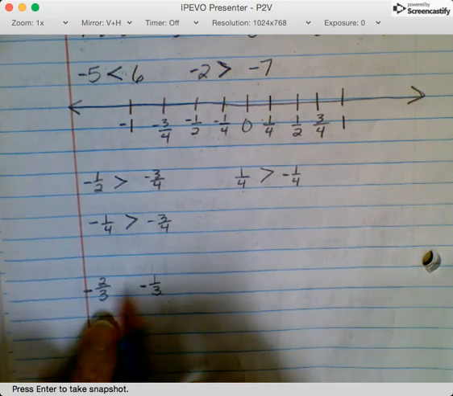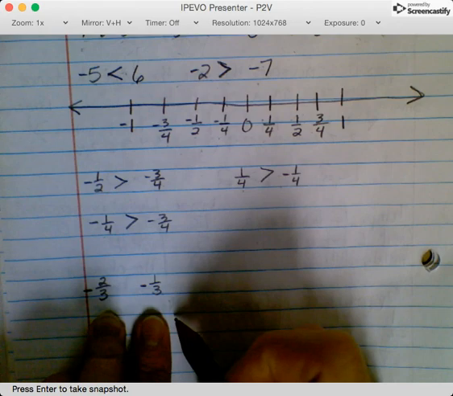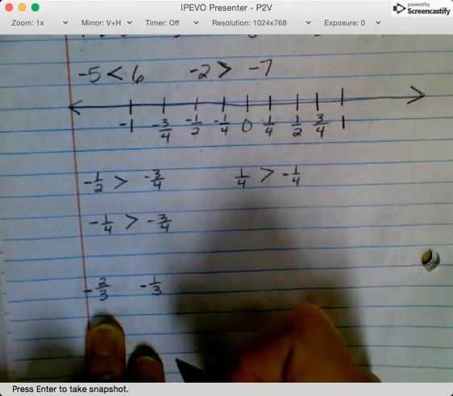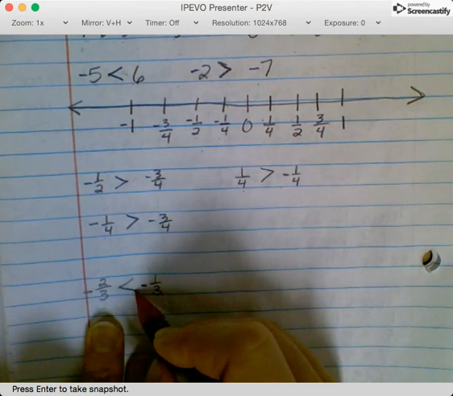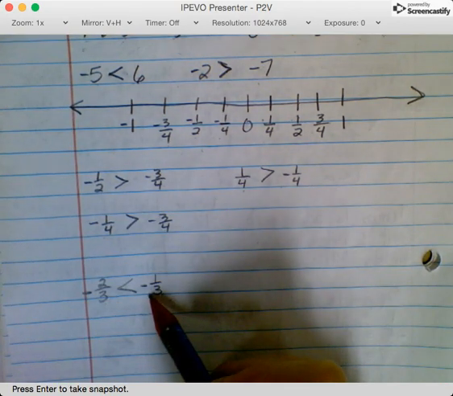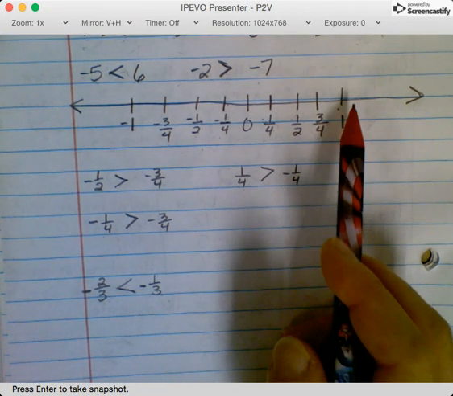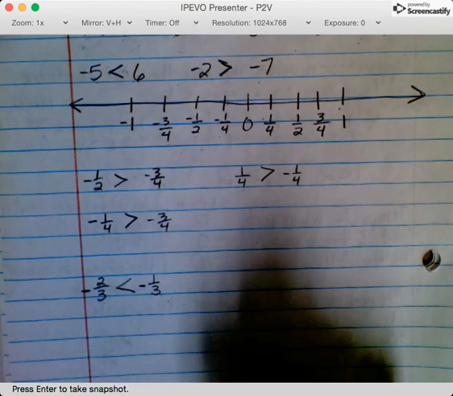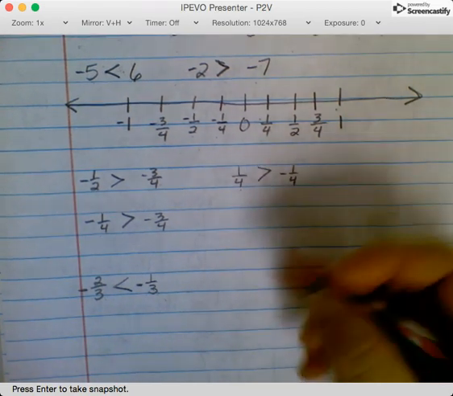Normally, if I had a number line, I know 2/3 is usually bigger than 1/3, but then when I go to the negative side, it's actually the opposite. So -1/3 is actually going to be bigger. Okay, so you might want to start with just thinking about, okay, what would it be if it were positive? I'm going to turn that around and make it the opposite direction because they go in the opposite direction when they are negative.